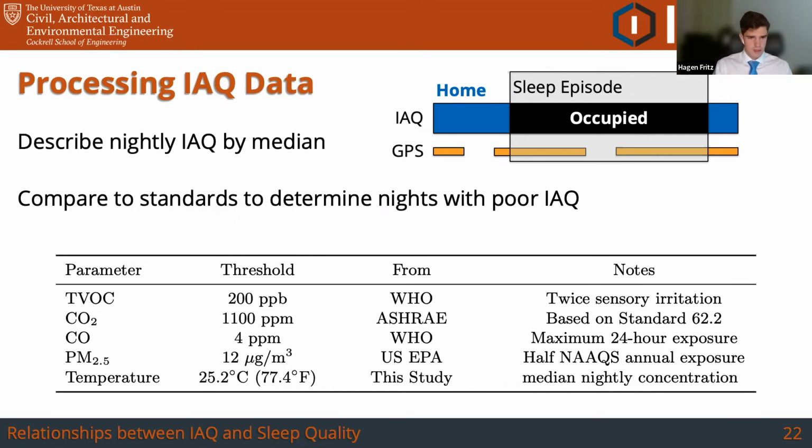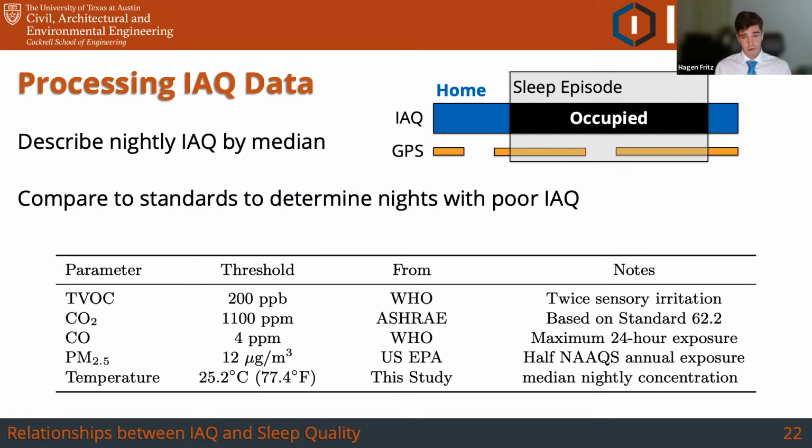For most of these, they're based off of some sort of standard established by some body like the WHO or ASHRAE. But for temperature, as I mentioned before, our temperatures tend to read a little high. So to offset that and to get around the weirdness associated with the ASHRAE thermal comfort standard, we just used the median concentration from our analysis, which helped correct a little bit for that higher temperature that we experienced during the night.